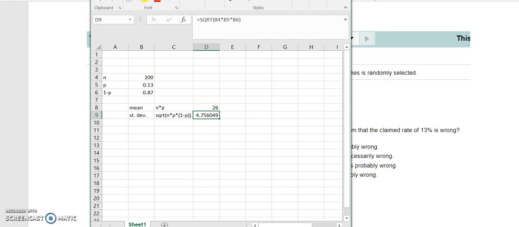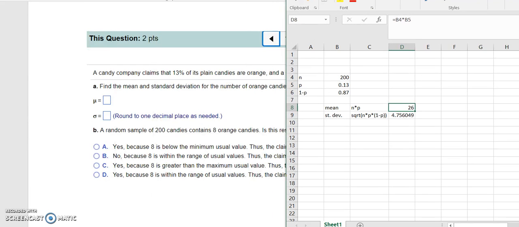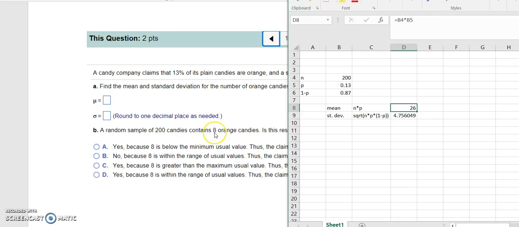Based on the given 13% rate, we expect to have 26 orange candies, but it turns out there is 8 in reality. So is 8 far from 26, or is it close enough? How do we know? You look at your standard deviation. The standard deviation is 4.75, pretty close to 5. So let's just say it's 5.